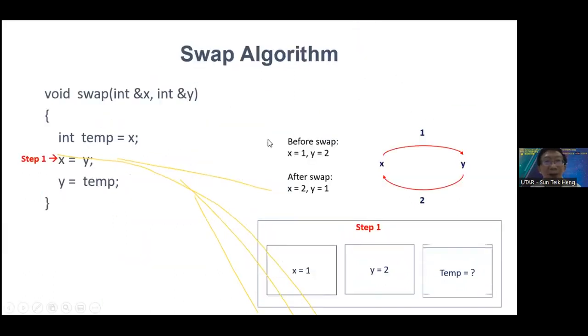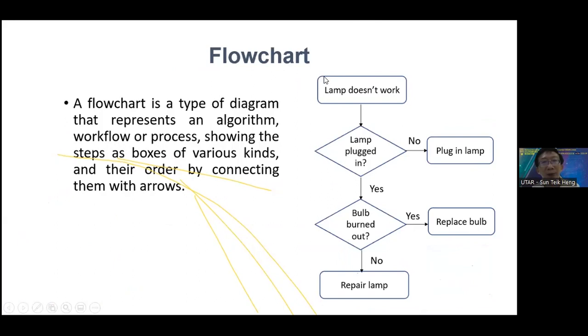So another way of representing it is to use pictures, because people always say pictures represent 1,000 words. That's why we have the flowchart. So instead of just wordings like what you see in the algorithm, we use flowcharts, diagrams, to represent the algorithm.